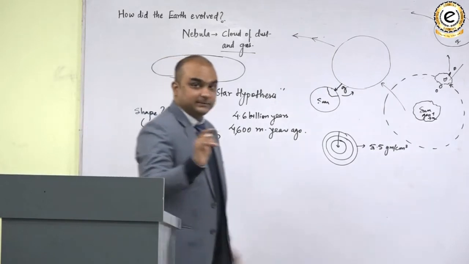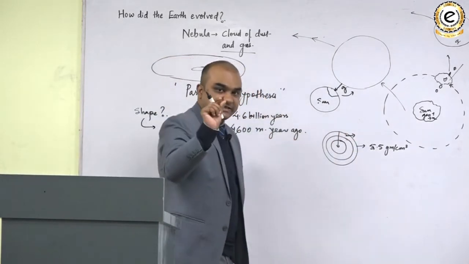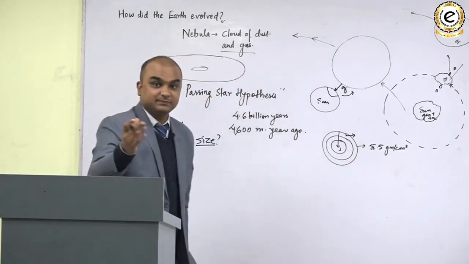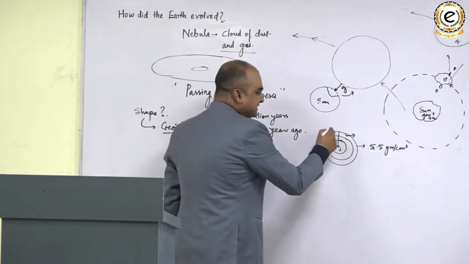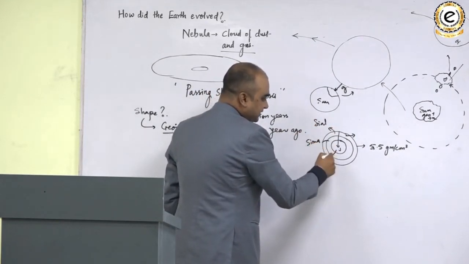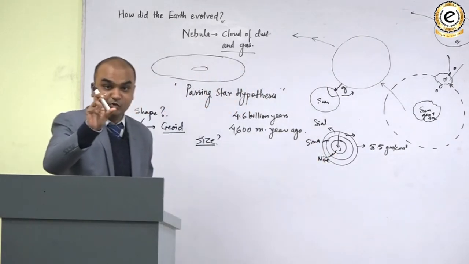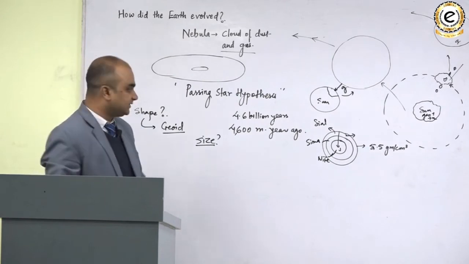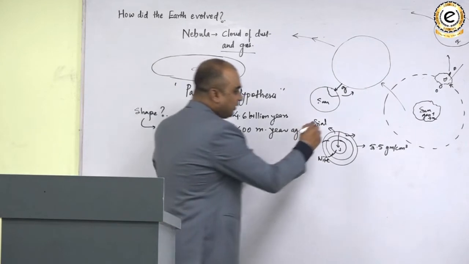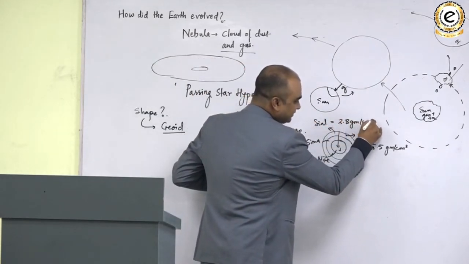Now, look here. It means that the topmost layer must be least dense and the innermost layer must be most dense. And I told you that the 3 density based layers are Sial, Sima and Nife, Nife being the internal most layer of the Earth. Average density of the top layer is around 2.8 gram per centimeter cube.